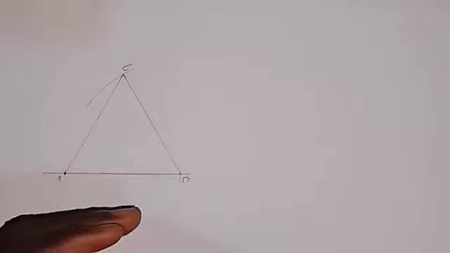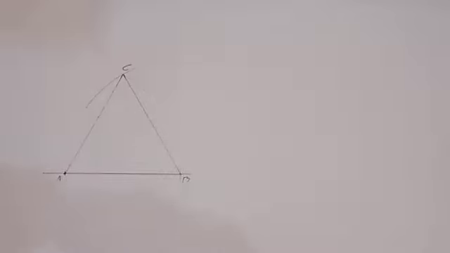As I said at the beginning, the steps that we are going to take for this equilateral triangle are also the steps that you have to take for an isosceles triangle, a scalene triangle or a right angle triangle.